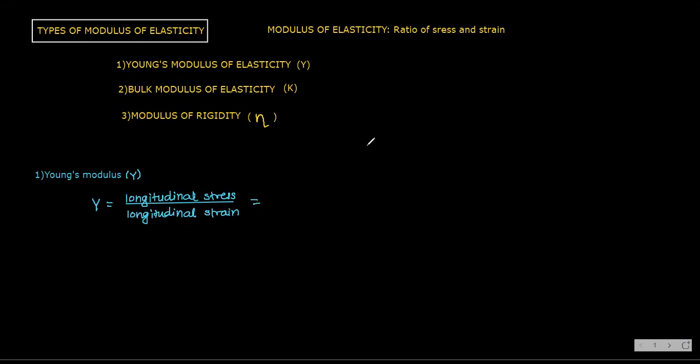Longitudinal stress is equal to F by A, and strain is delta L divided by L. If L I transfer up, then this is nothing but FL divided by A into delta L. Therefore, the formula of Y is Y equals F L divided by A into delta L.